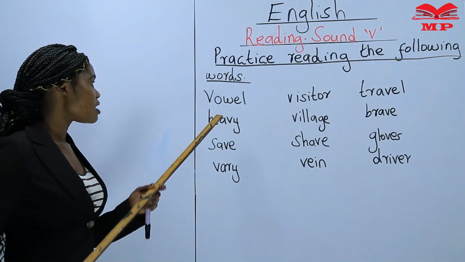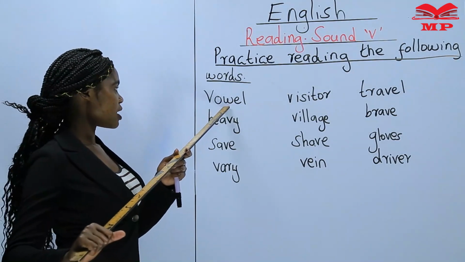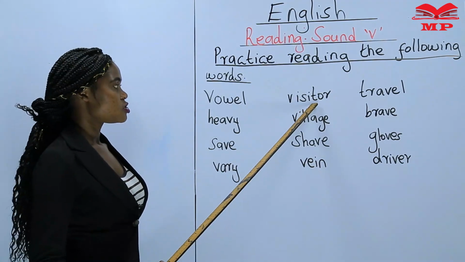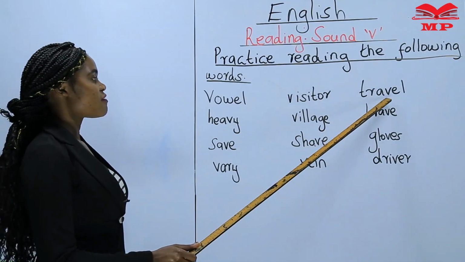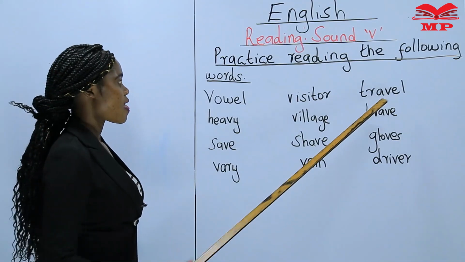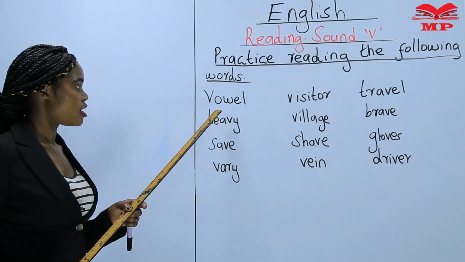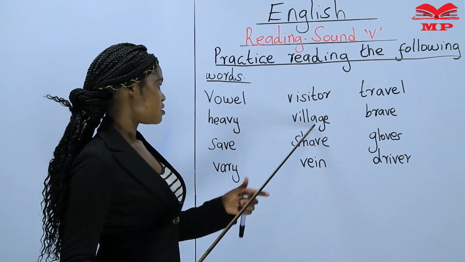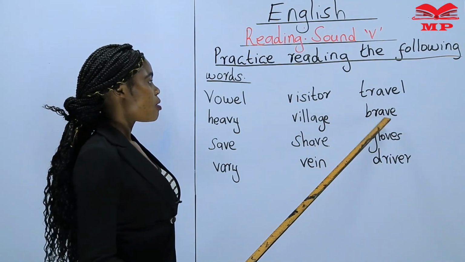So the very first word, vowel. Vowel. Visitor. Visitor. Travel. Travel. Heavy. Heavy. Village. Village. Brave.